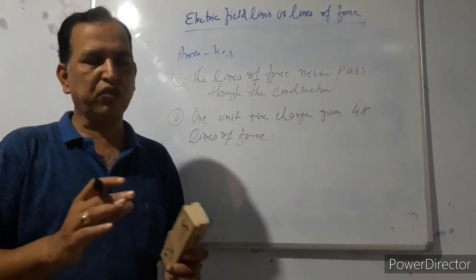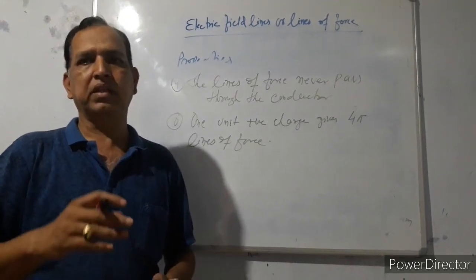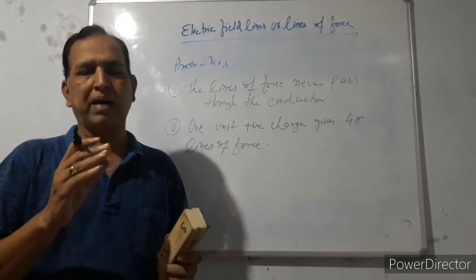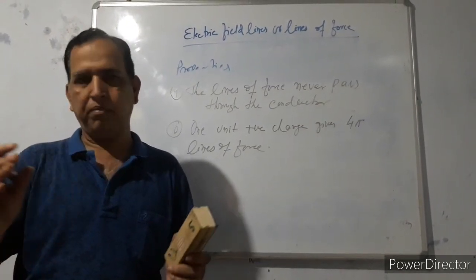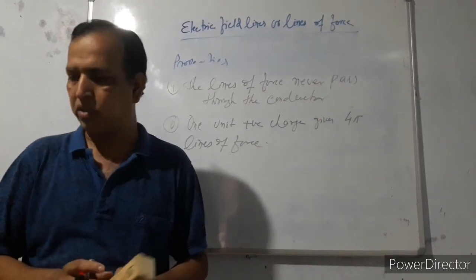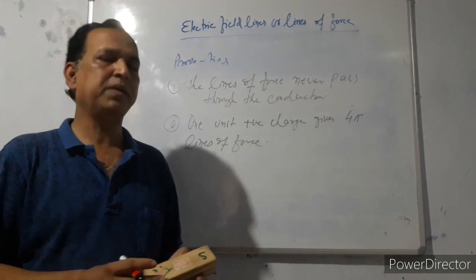Next, the lines of force tend to contract longitudinally. Next, the lines of force tend to exert lateral pressure. Next, the lines of force meet the surface of a spherical conductor normally.